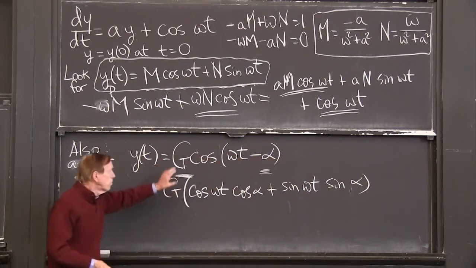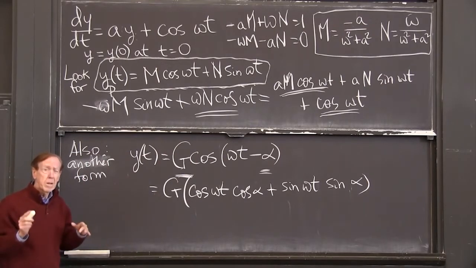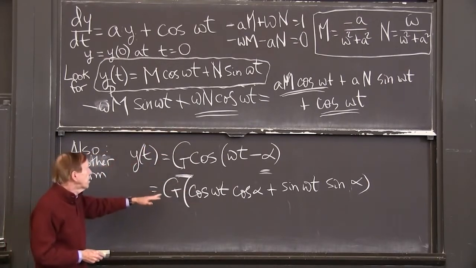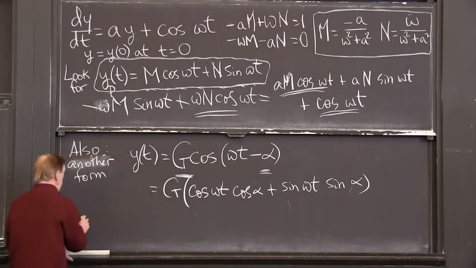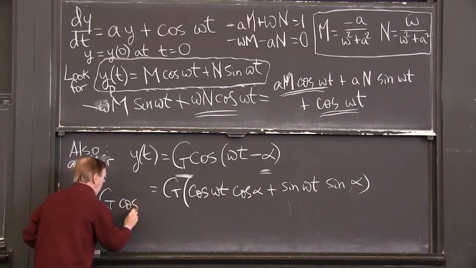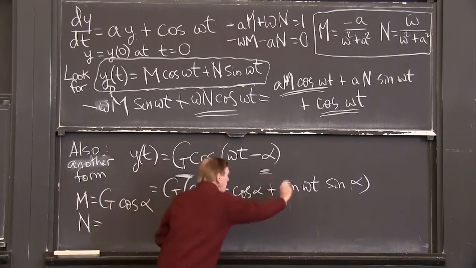So I have just written this out in the two-term form so that I could match the two-term form I already had. So can I just do that matching? The cosine omega t coefficient, the m, must be g cos alpha. And the n must be g sine alpha.